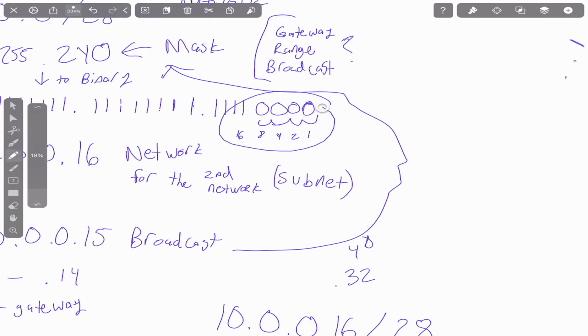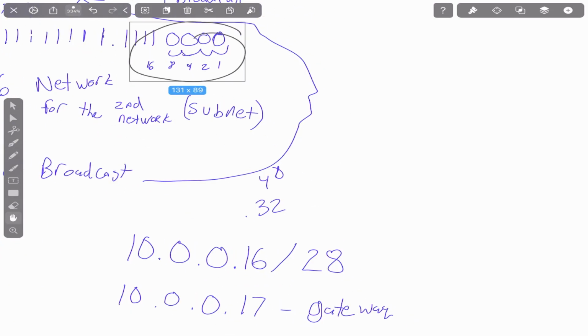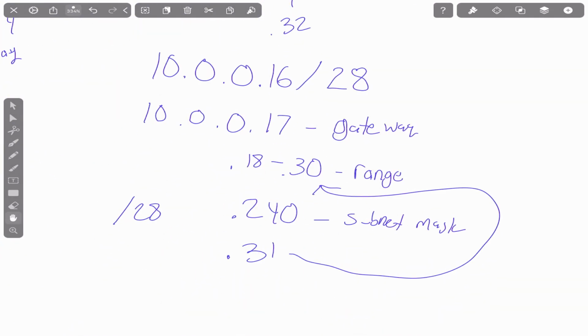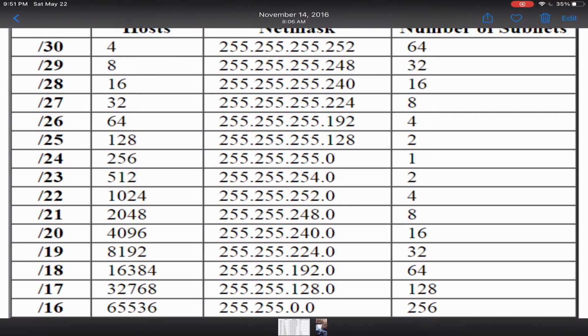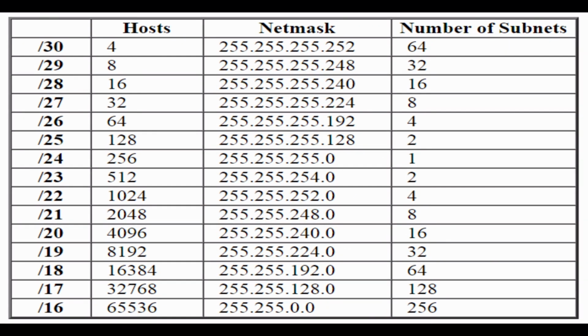Remember what we did here to determine the initial range was 16 hosts. So that's fixed length subnetting. That's 2 /28s. You can do that with any CIDR notation you want.